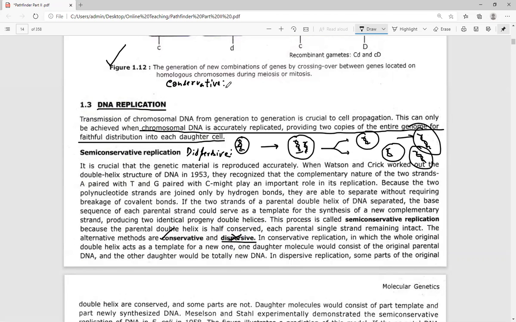According to the conservative model of DNA replication, there is the double stranded DNA which is present. This double stranded DNA will divide. When this double stranded DNA is going to divide, one strand will be inherited by one daughter cell, another strand will be inherited by another daughter cell, and then the complementary strands will be biosynthesized.